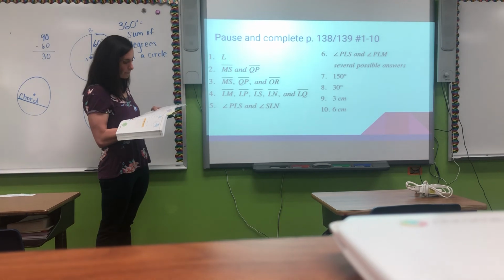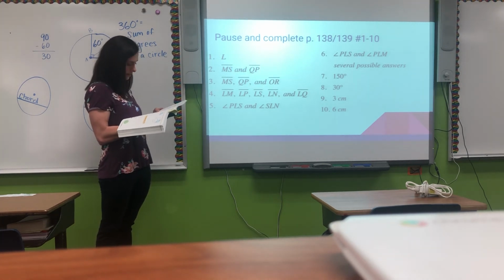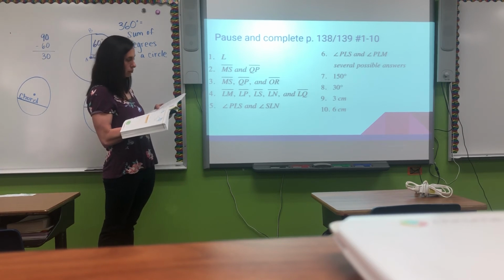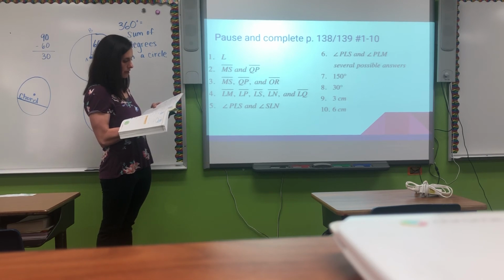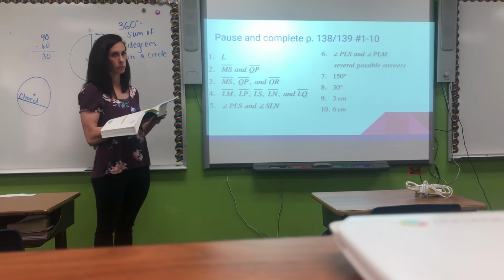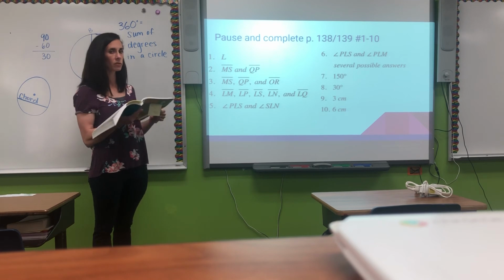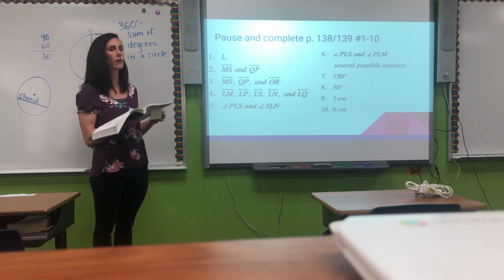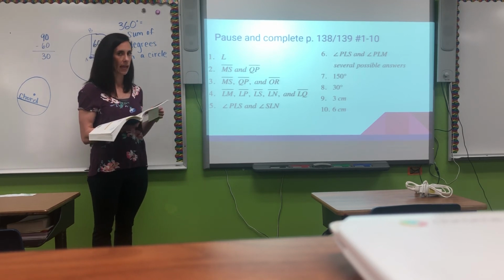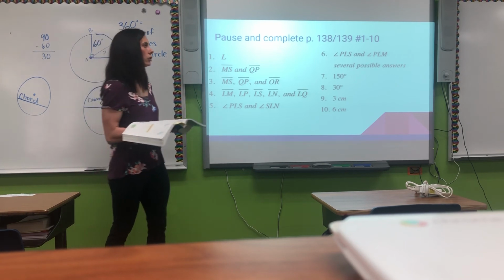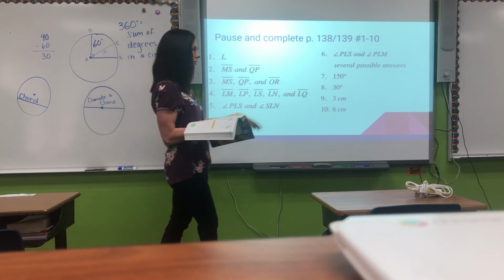You could have PLN and NLQ. Trying to kind of look for more possibilities. PLM and MLQ. So if you get confused on that, or if you have an answer I didn't just say, let me know and I'll let you know if that answer works.